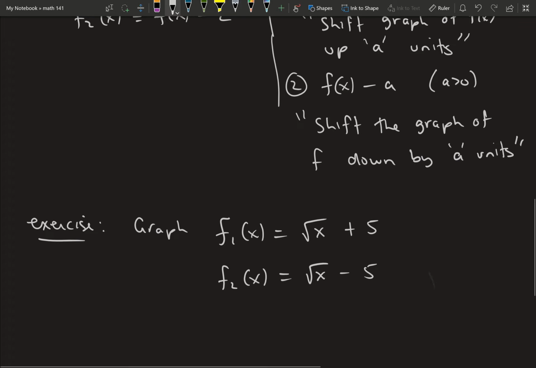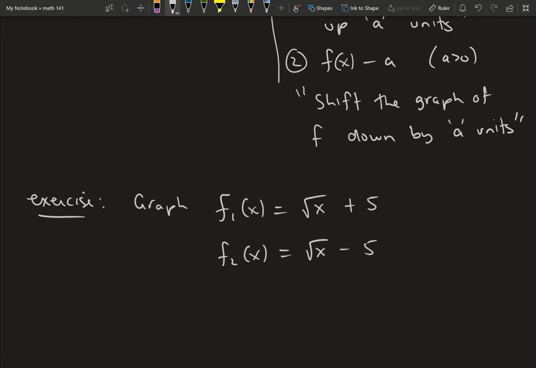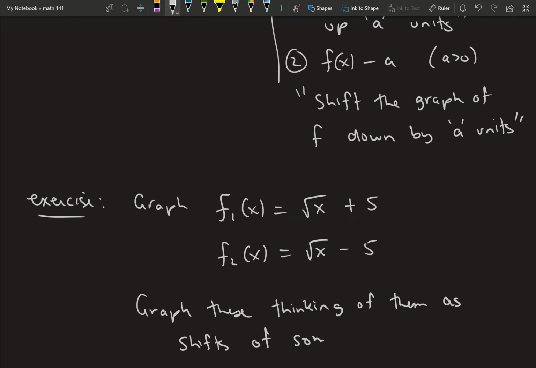So go ahead and graph these, thinking of them as shifts of some function f of x.